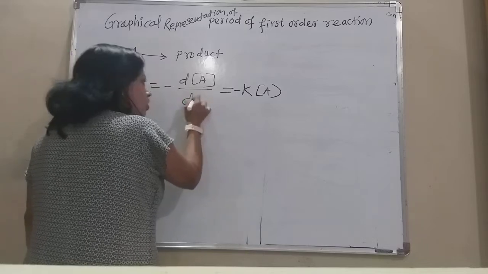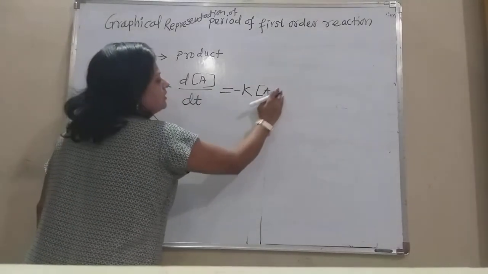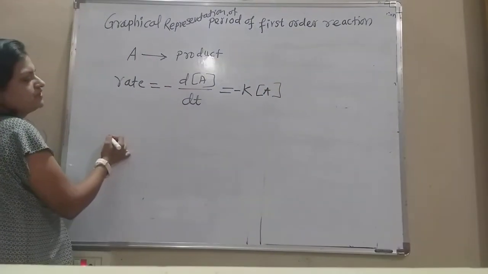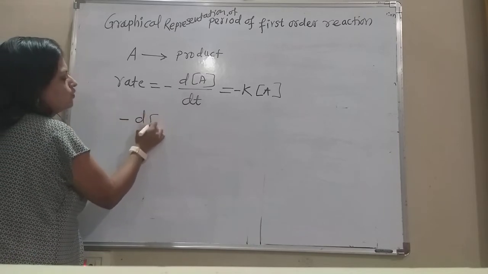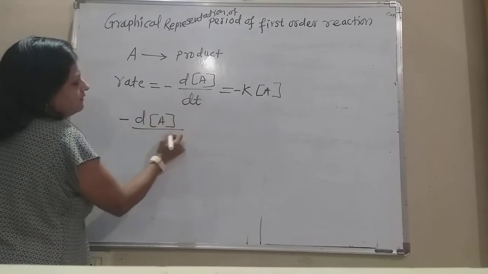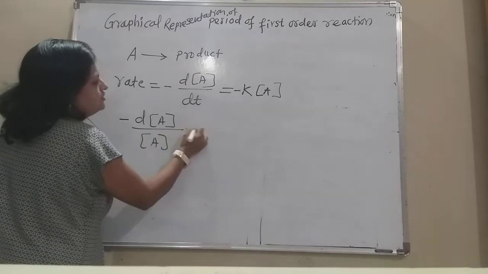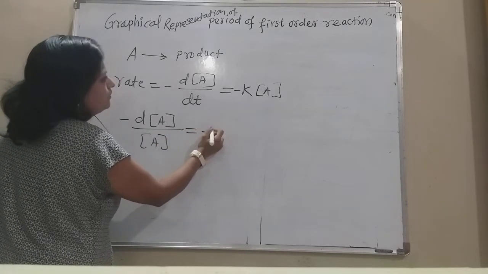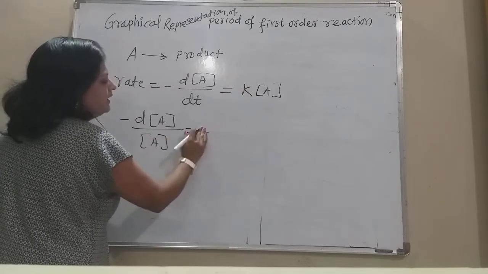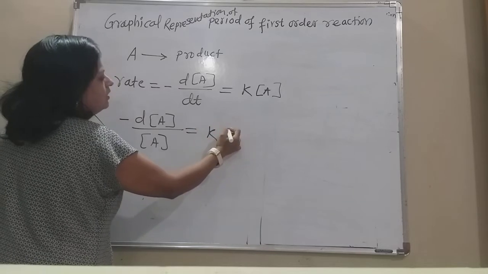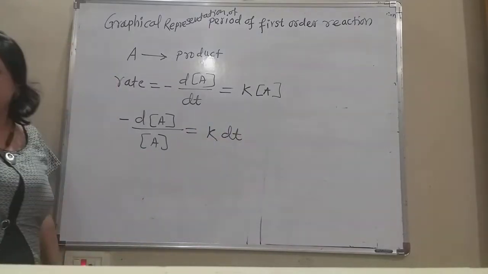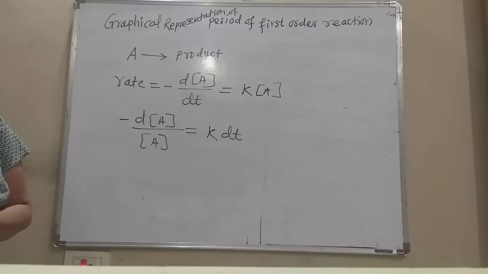Now on rearranging this equation, it becomes minus d[A] divided by [A] is equal to K into dt.